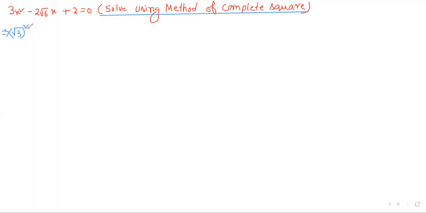Root over 3 squared means 3. So we can write it like this, and it is x square. Then 2 root over 6 we can write as 2 into root over 3 into root over 2... plus we can write this 2 as root over 2 whole square, because square and root will get cancelled out.